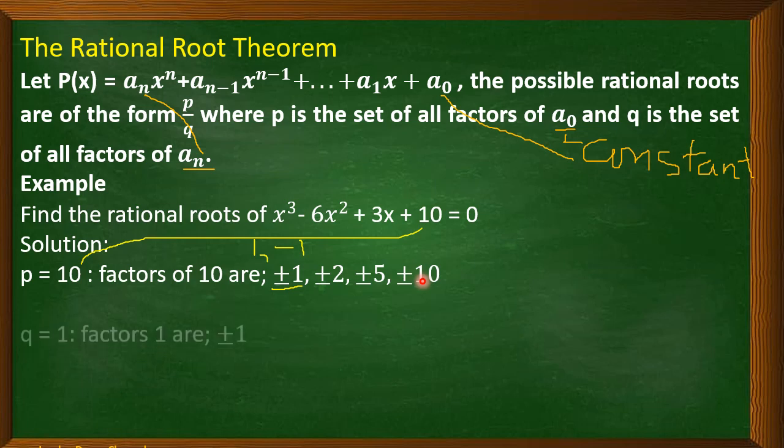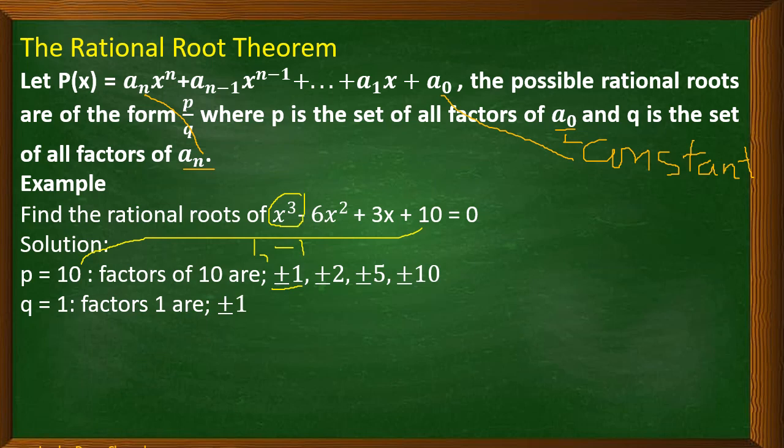Next, determine the value of q. It comes from the leading term, x cubed, and it's understood that the leading coefficient is 1. So our q is 1, and the factors of 1 are positive and negative 1.